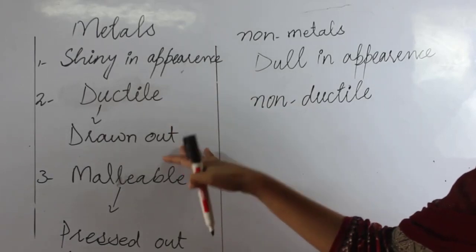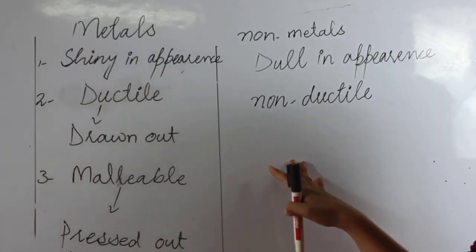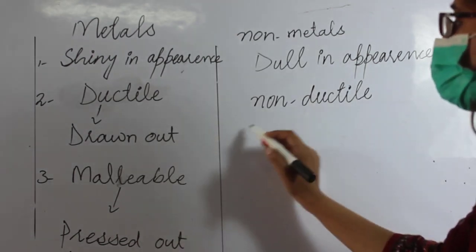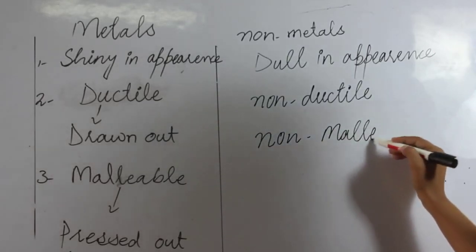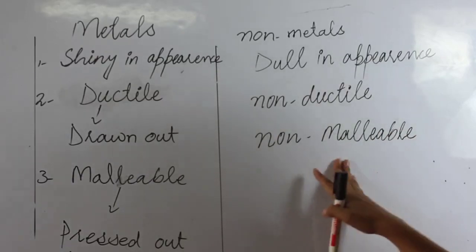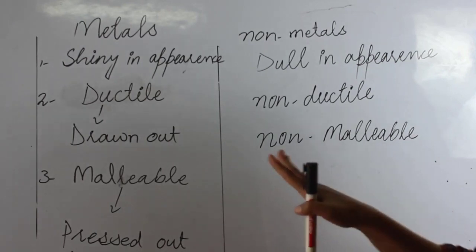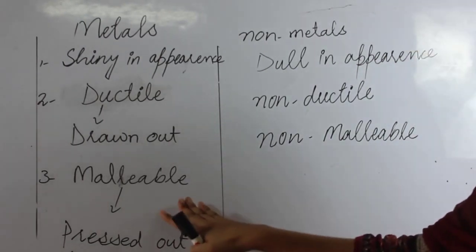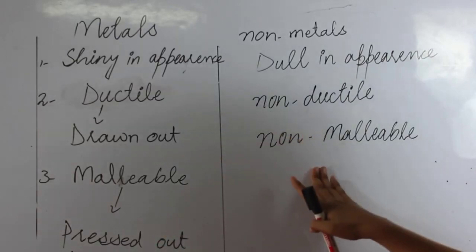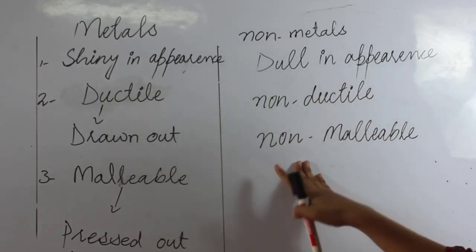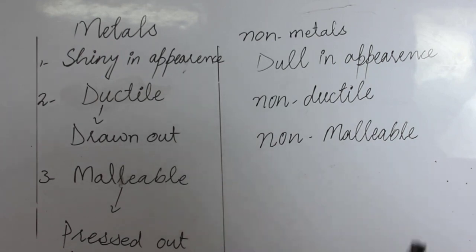Ductile means drawn out into different things, but non-metals cannot be drawn out. They are non-malleable; they cannot be pressed out without breaking. Malleable means pressed out into different things without breaking.